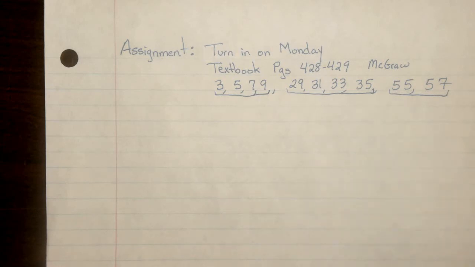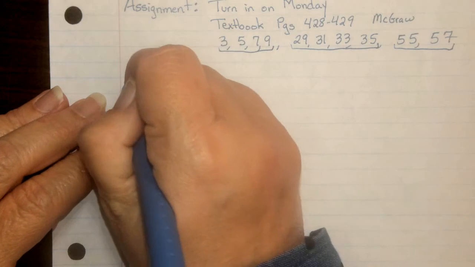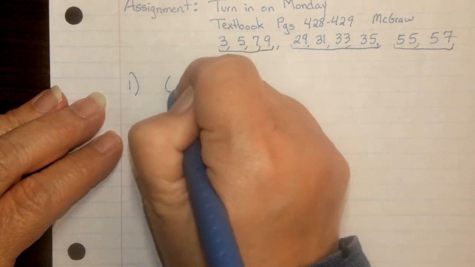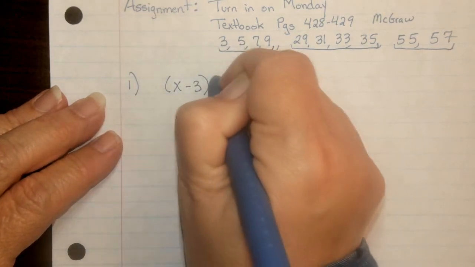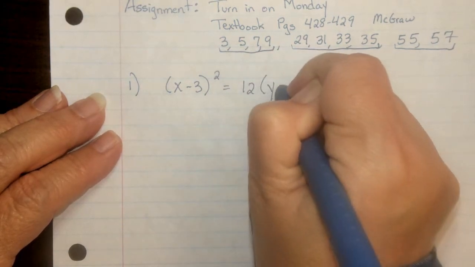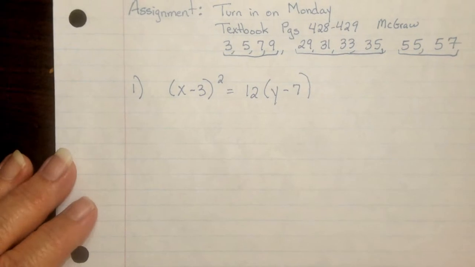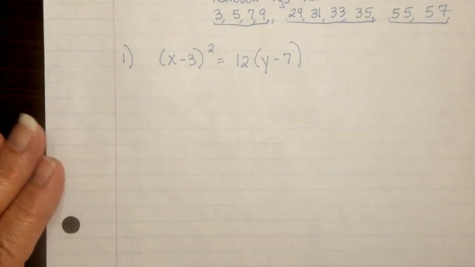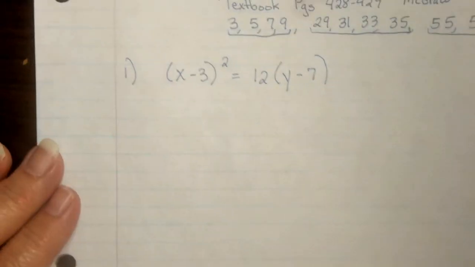All right. So let's start with problem 1 out of the book, which says this. X minus 3 squared equals 12 times y minus 7. So it gives you an equation. Guys in the back, can you see okay?